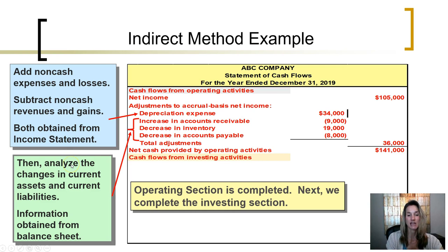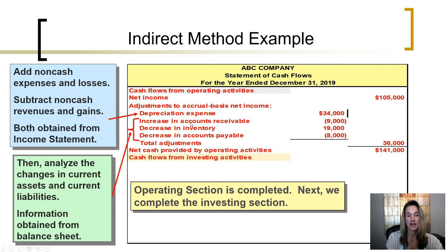We then analyze the changes in non-cash current assets and current liabilities. This information is obtained from the comparative balance sheets, reporting last year's ending balance, which became the current year's beginning balance, as well as the ending balance for the current year.